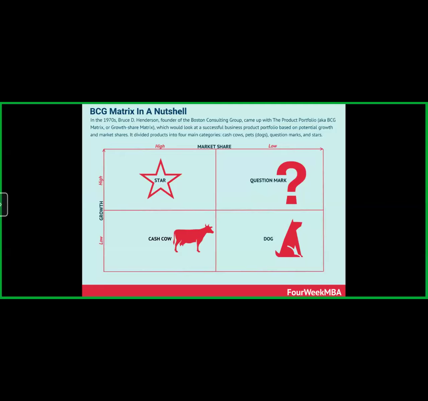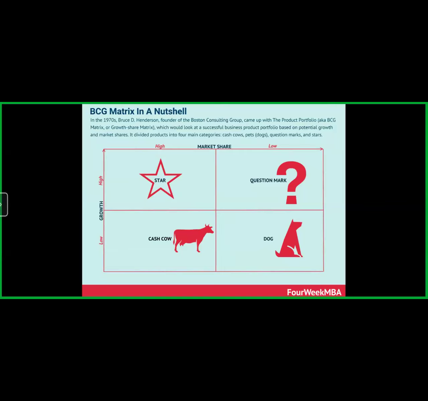In the first quadrant, you find that a star is written. Then cash cow is written in the other quadrant. Then question mark in the third quadrant, and dog is written in the fourth quadrant.